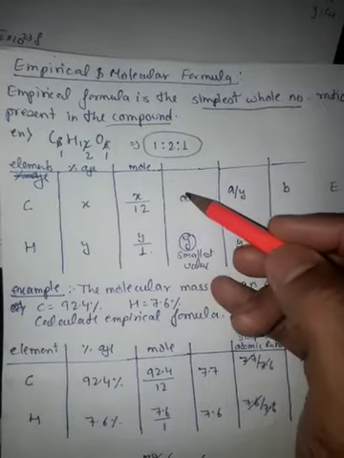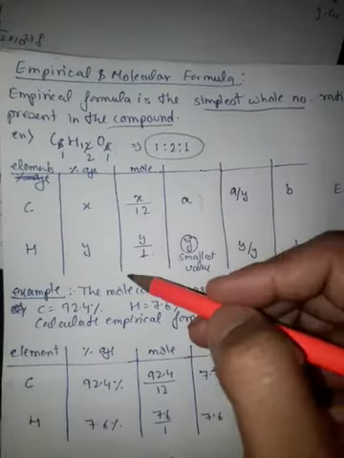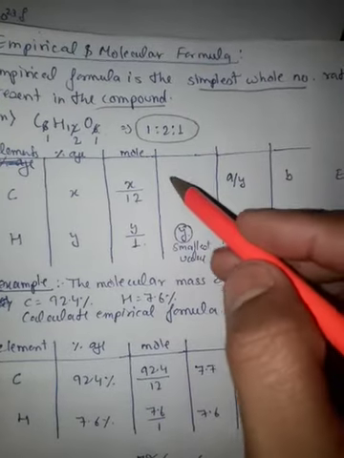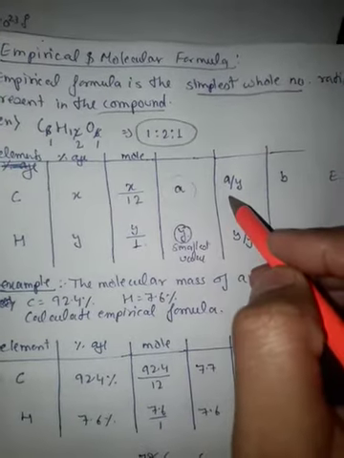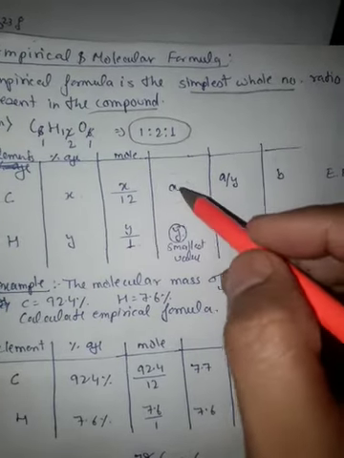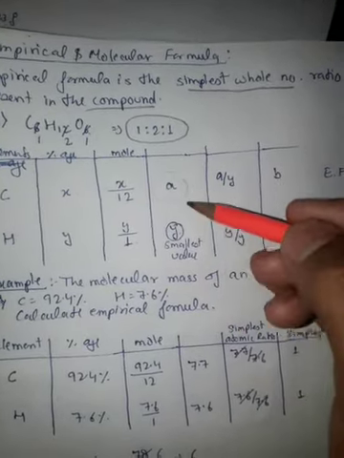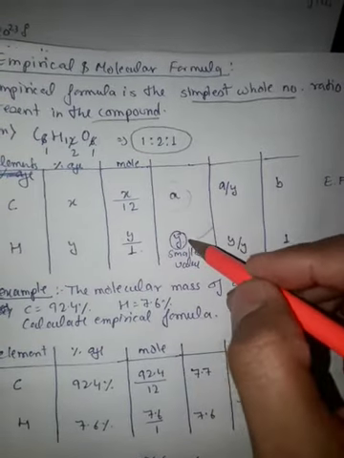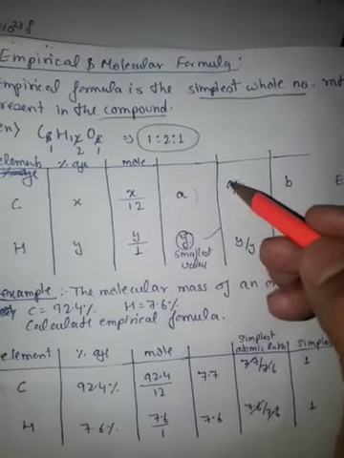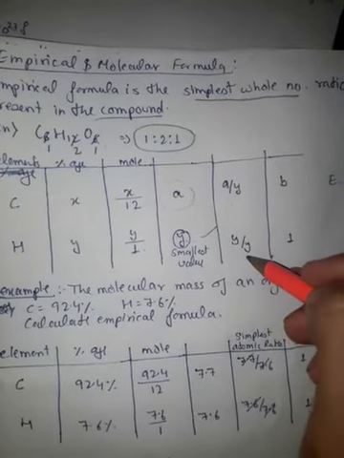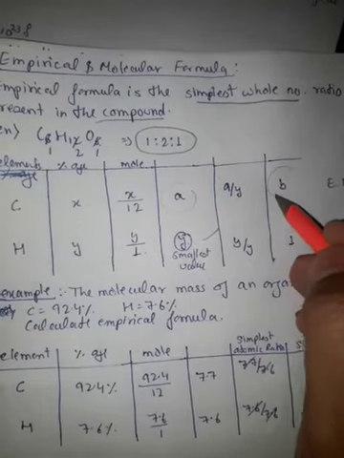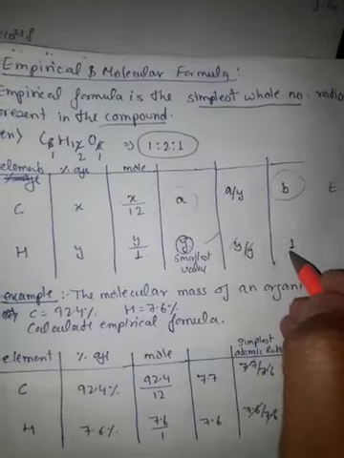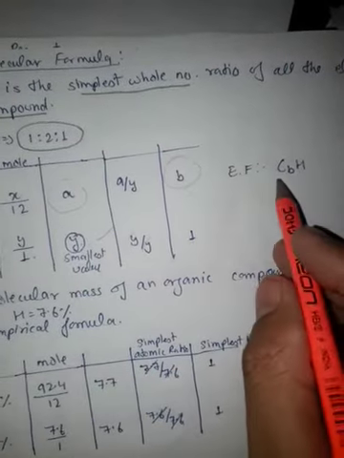Suppose we get the values a and y. Now we have to divide to get the simplest ratio by taking the smallest value. Suppose y is the smallest value. So we divide a by y and y by y. Suppose we get b, and here we get 1, as y cancels out. So our empirical formula is CbH.